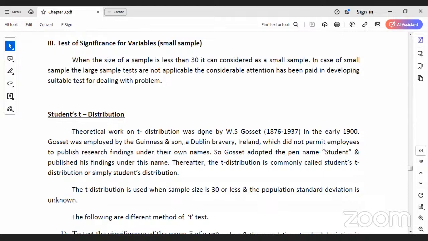Small samples. When the size of a sample is less than 30, it can be considered as a small sample. In case of small sample, the large sample tests are not applicable. Considerable attention has been paid to developing suitable tests for dealing with the problem.